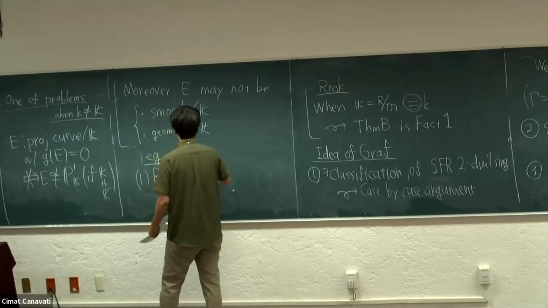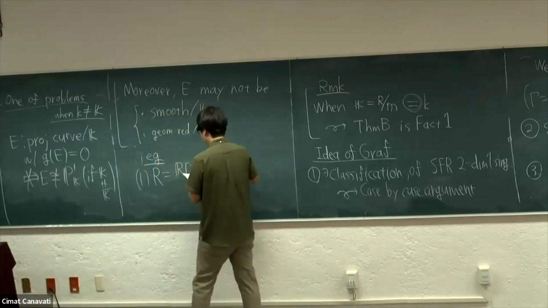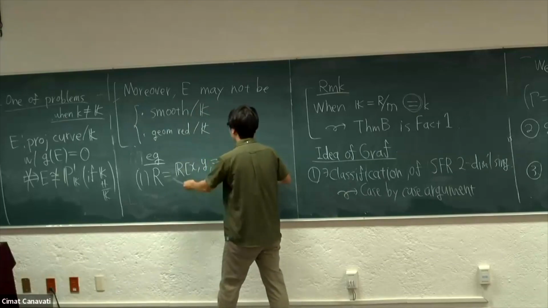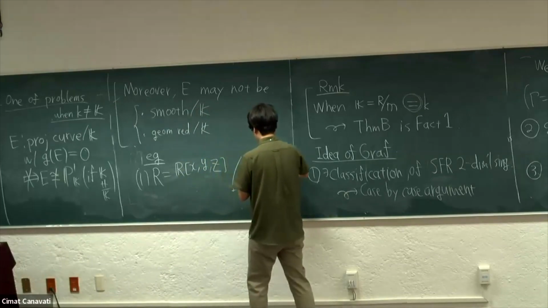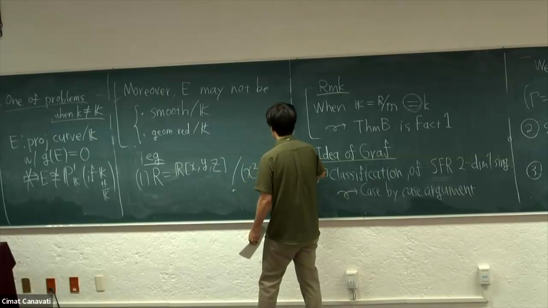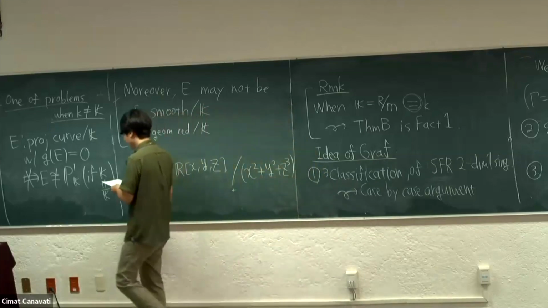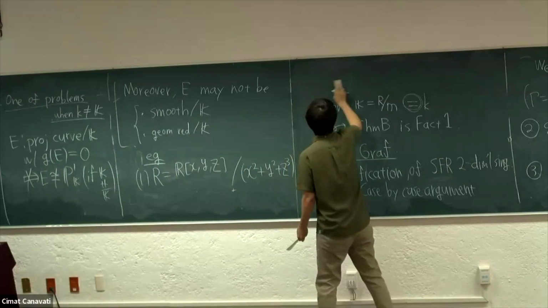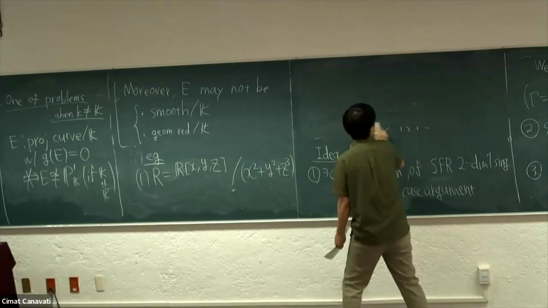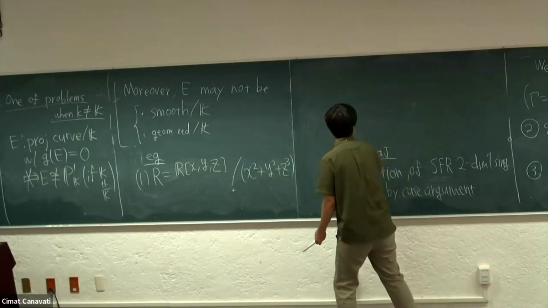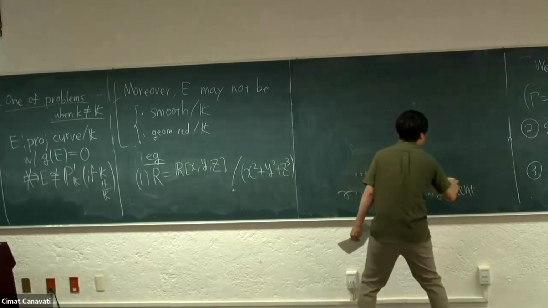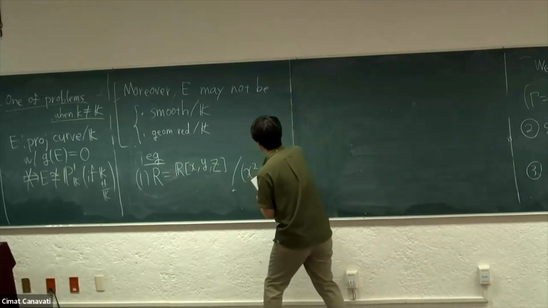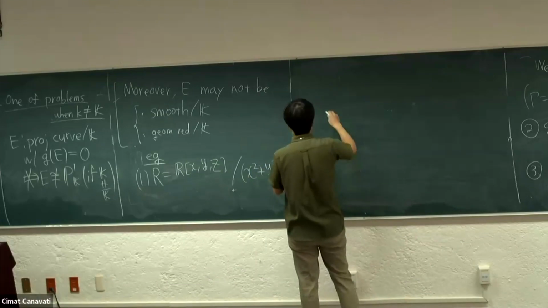For example, let R be the R-algebra defined like this: x squared plus y squared plus z cubed. Consider the exceptional divisor of the minimal resolution. The minimal resolution of this singularity is given by blowing up one point.